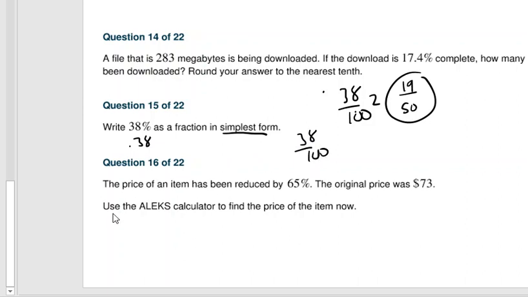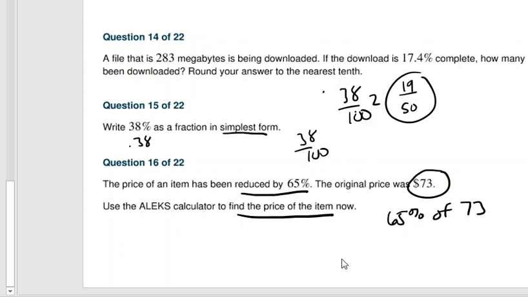Okay. For the next one, the price of an item has been reduced by 65%. So if an item has been reduced by 65%, that means it is going to be less than the original price. So to find the price of the item now, we have to figure out what 65% of 73 is, and then we are going to subtract that from 73.